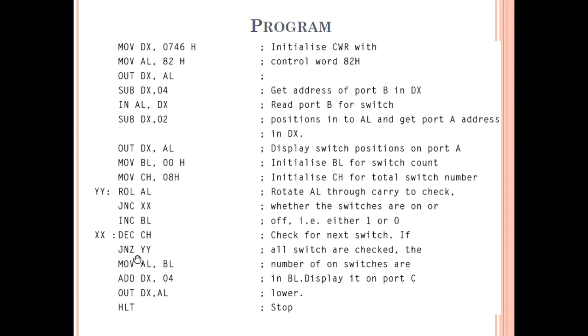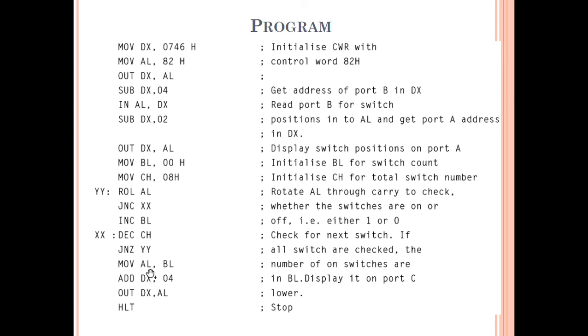If the counter after decreasing is non-zero, that is from 8 down to 1, then iterate back to YY, which is here, and we do this check for 8 bits for 8 LEDs. Then after coming out, when it becomes 0, it will come here: MOV AL comma BL.